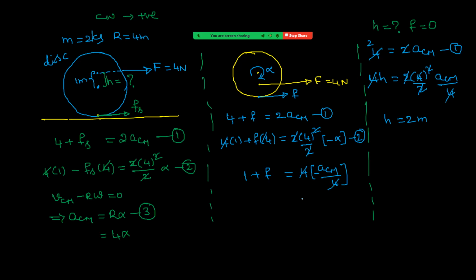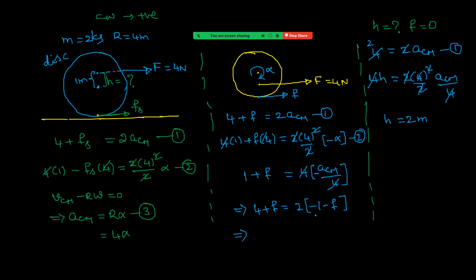R and R cancel. Now see what we get: ACM equal to minus of 1 plus F. Substitute that in equation 1: 4 plus F is equal to 2 into minus 1 minus F.